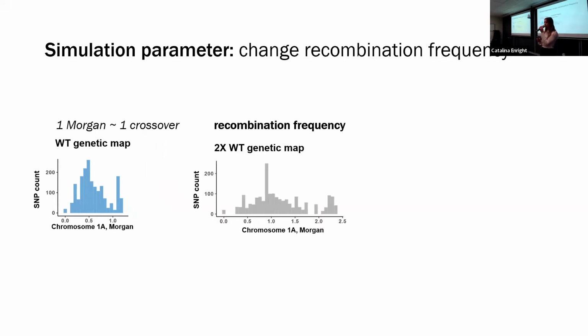I could simulate changing the recombination frequency just by changing the scale of the genetic map. So in this case, it's 2-fold larger. That lends itself to about 2 times more recombination, but it hasn't changed the distribution. It's still going to prefer to have more recombination on the chromosome arms as opposed to the pericentromere. And we tested up to 20 times larger genetic maps.